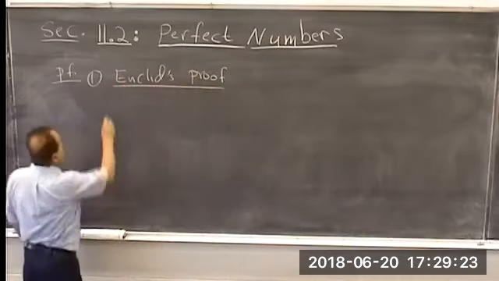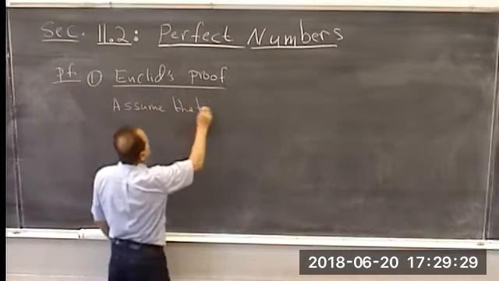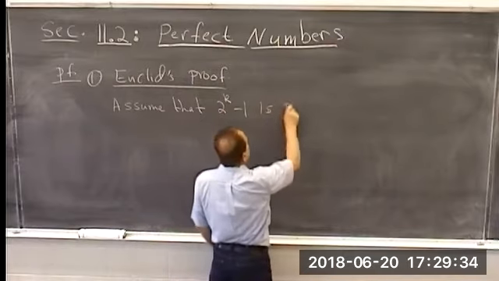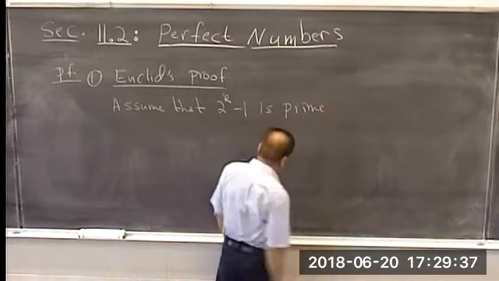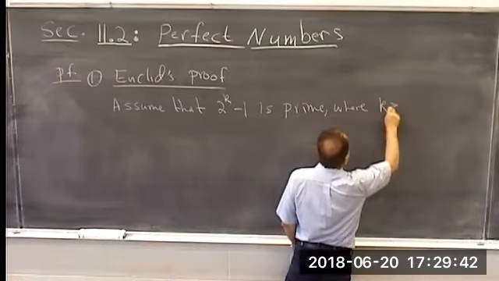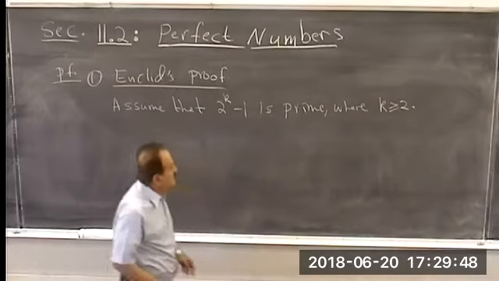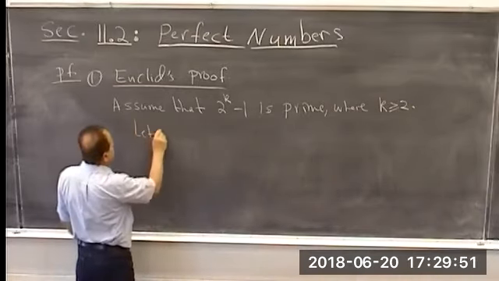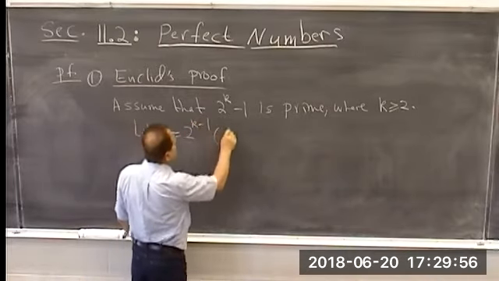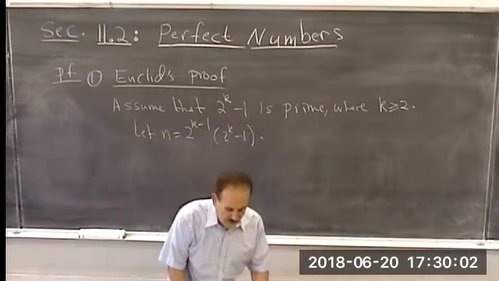So we can assume that 2 to the k minus 1 is a prime, again where k is bigger than or equal to 2. Now, let n be equal to this, and we're going to take sigma of this.